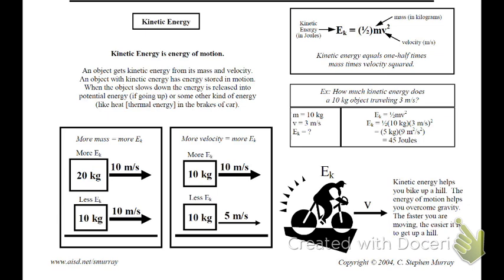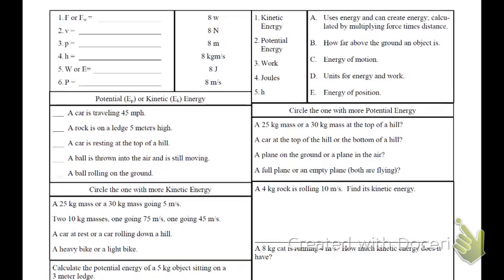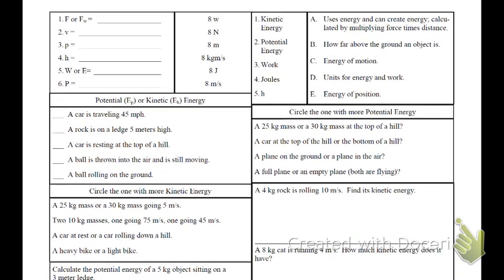Okay, let's do a few more review problems on the back, and then we'll do a couple potential and kinetic energy questions. For this top box, talking about what the thing is and what its unit is again. Force or force weight.